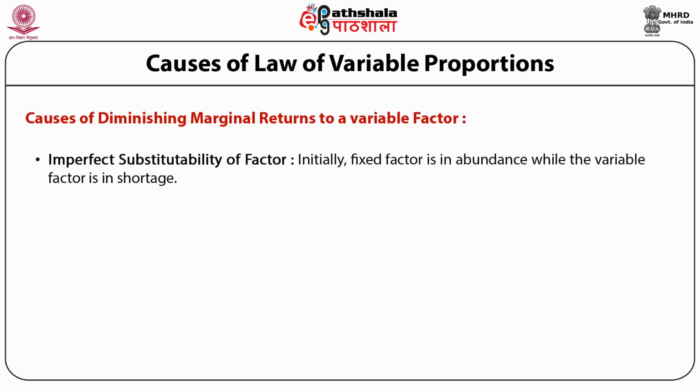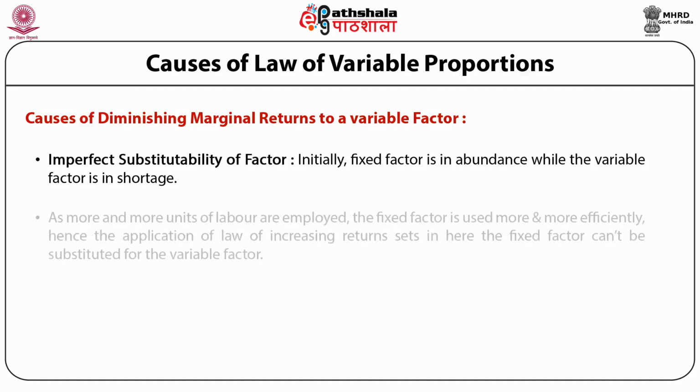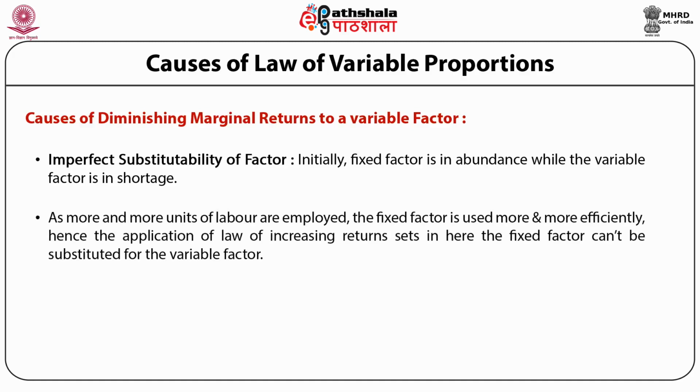Imperfect substitutability of factor. Initially, fixed factor is in abundance while the variable factor is in shortage. As more and more units of labor are employed, the fixed factor is used more and more efficiently.